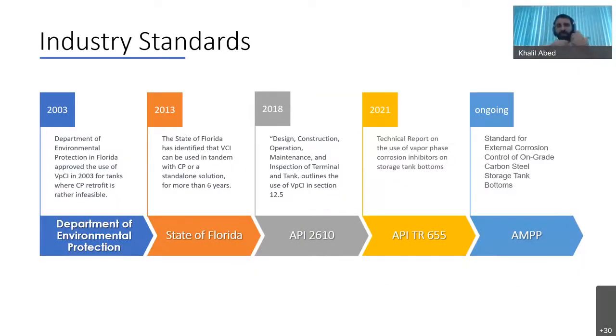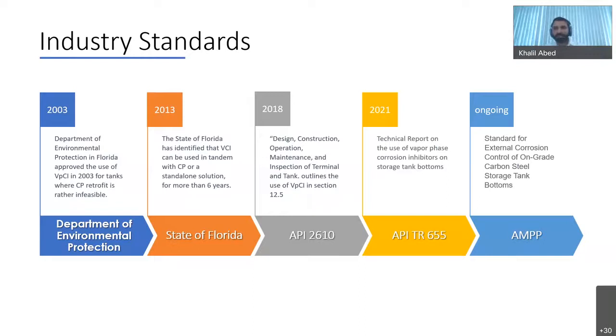This is the slide that shows the evolution, or the adoption, of the vapor phase corrosion inhibitor in international standards or industry standards. The ever-increasing deployment of this technology in the field has been reflected through recognition by environmental protection agencies, government regulatory bodies, and international associations.